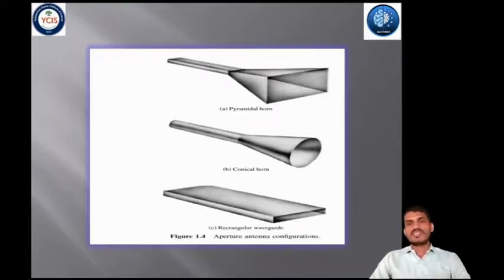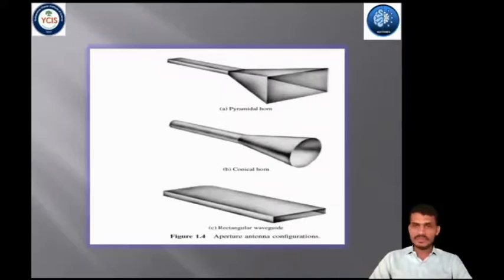So these are the different configurations of aperture antennas. Antennas of these types are very useful for aircraft and spacecraft applications, because they can be very conveniently flush mounted on the skin of the aircraft or spacecraft.